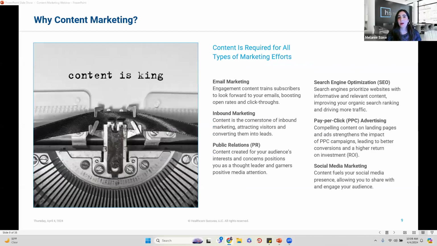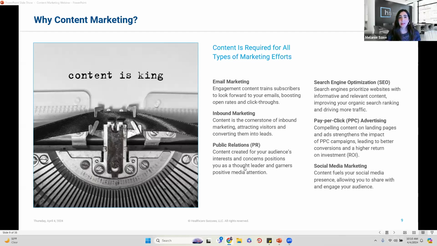So again, staying on why content marketing. It's obvious that content is required for every type of marketing. So again, I'm going back to it isn't really siloed. Whether you're doing email, inbound marketing, or public relations, all of these marketing disciplines are traditionally siloed, but they all require content.